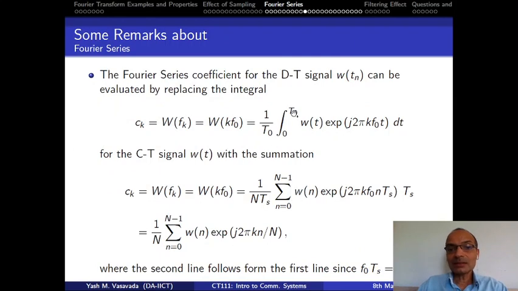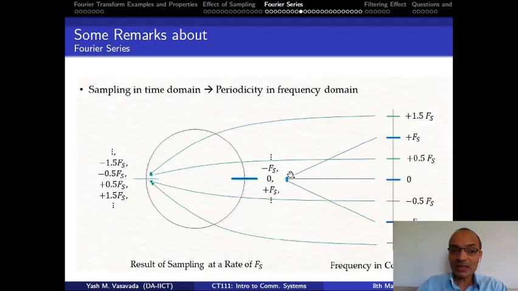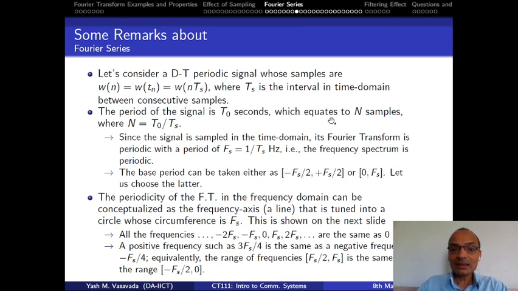This T naught now in the discrete time domain translates to only capital N samples, and so 0 to T naught becomes 0 to N minus 1. So this index n, which is the time domain index, goes from 0 to N minus 1 because capital N is the period in samples in the discrete time domain.